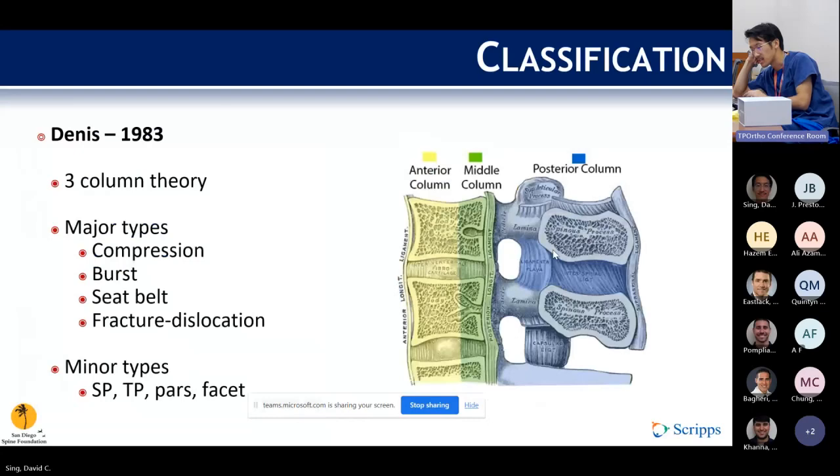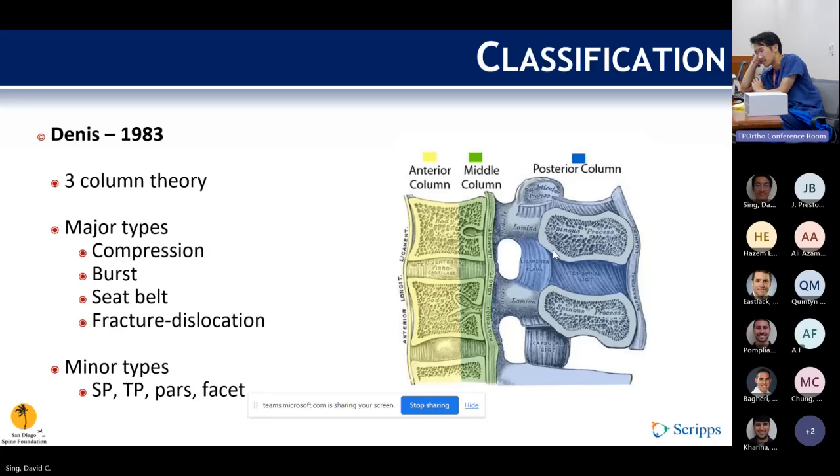Classification is a little bit tricky. There's sort of global concepts. The three-column theory, you're separating the spine sort of into thirds, the anterior column, posterior column, and the middle column, and you're separating which zones are violated. That kind of gives you an overall sense of stability as well.